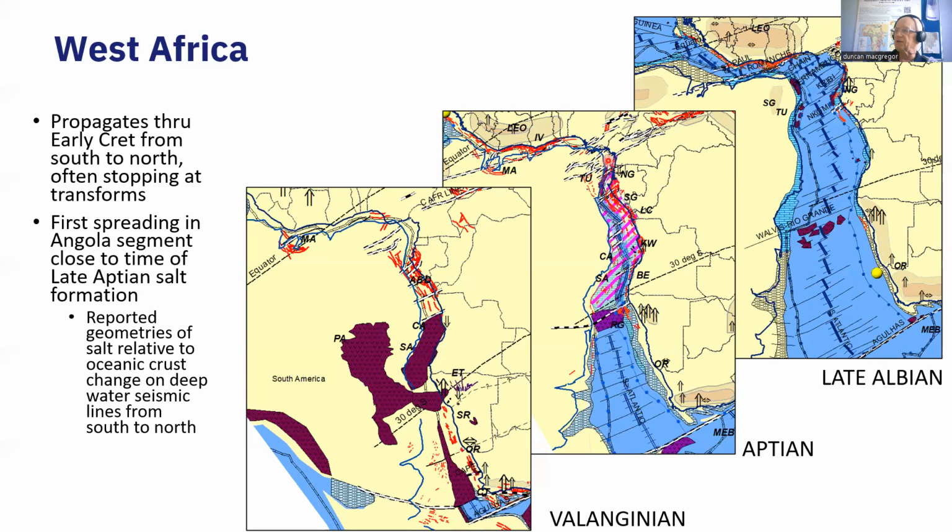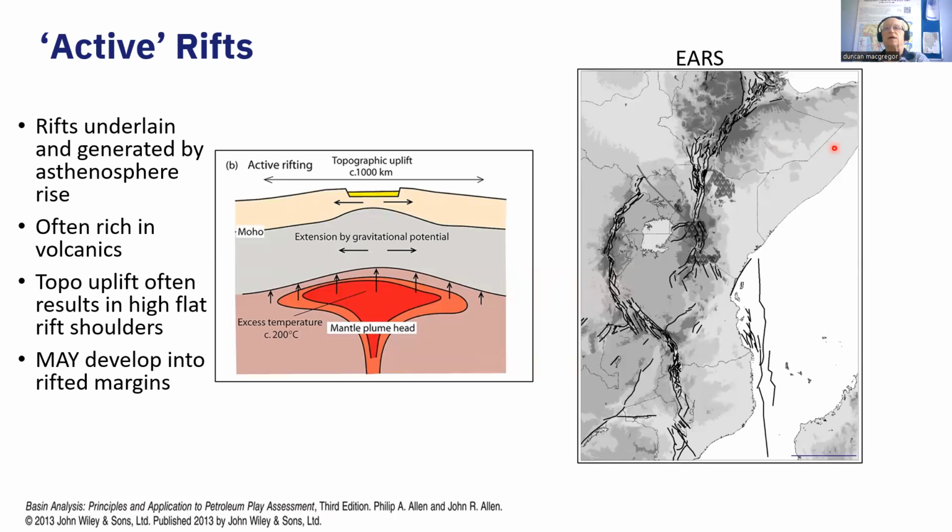And eventually, very rapidly up through the Albian, it goes up through here, sets off these transforms in here, which we'll talk about a bit, because there already are transforms in place from other activity. And by the earliest Cenomanian, we have communication between the South Atlantic and the Central Atlantic, which sets off things like contourite currents and contourites, which we don't see until that time. So that's margins in a summary.